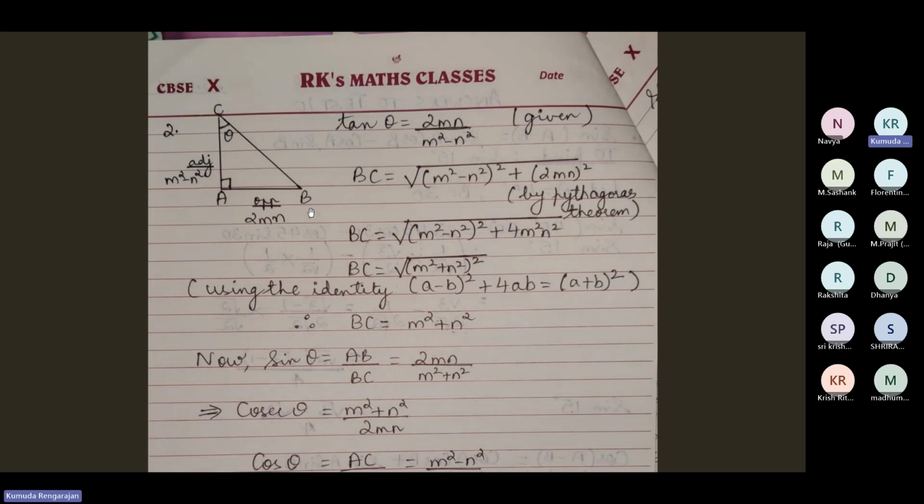Now find BC using Pythagoras theorem. BC is equal to square root of m square minus n square the whole square plus 2mn the whole square. Pythagoras theorem, you know it well.